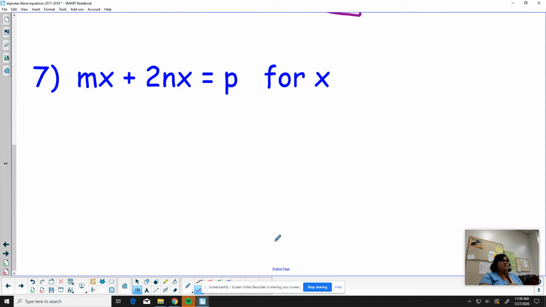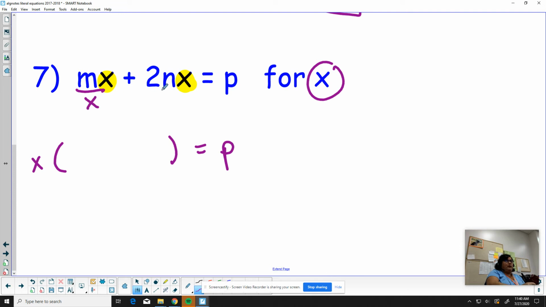Okay, let's try this one. So we've got a nice fancy equation and we're solving for x. Count how many x's there are. There are 2. So when there are 2 x's, you have to factor out the x. So you will put the x in the front. And then you will factor out the x for both. If you haven't tried this by yourself, try it.